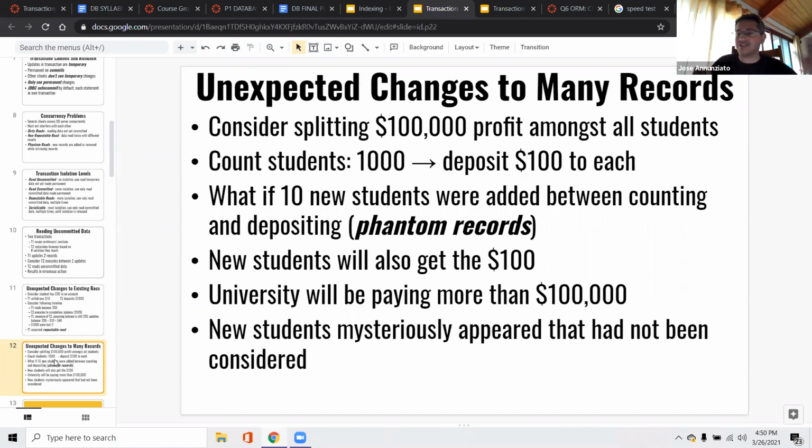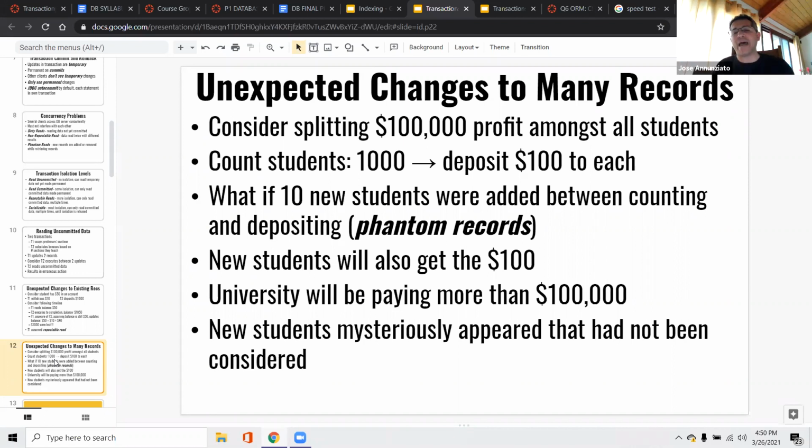Notice that these 10 students did not make it into the original count when we came up with 1,000 students. It should have been 1,010. So now the calculation of 100,000 divided by 1,000 being 100 is wrong. It should have been 100,000 divided by 1,010. It'll be a little less than $100.